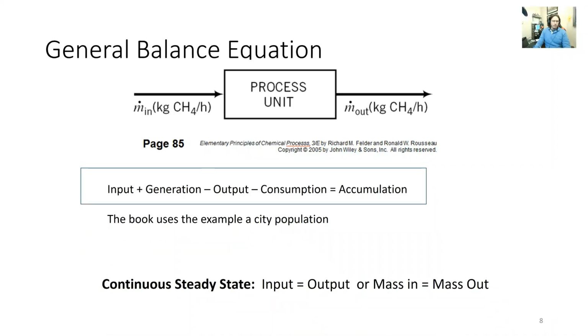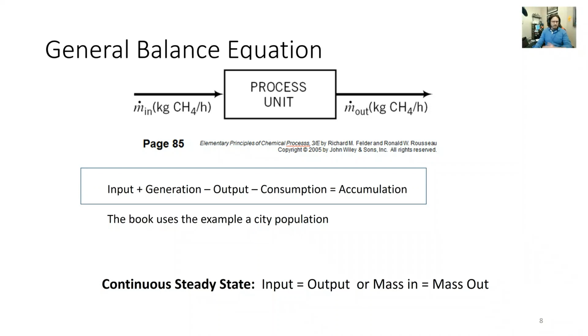So the general balance equation, and we talked about it in lecture 1: input equals output, basically, or mass in equals mass out. That's the simplest general balance equation. The book uses an example of a city population, with population changing over time, people moving away, babies being born, people moving to the city.